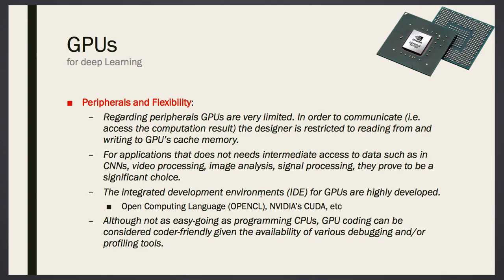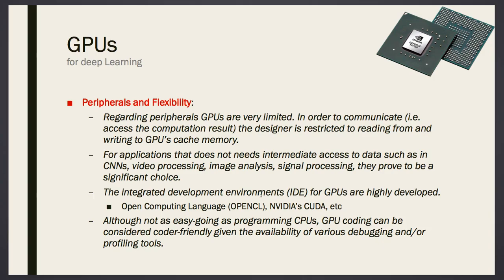When we were talking about CPUs, we said that CPUs are very good at it. They're very flexible. You can just talk to any device. Well, this is not the case for the GPUs. GPUs were initially designed to be coprocessors, which in time became processing units of their own. So they are coprocessors to CPUs.